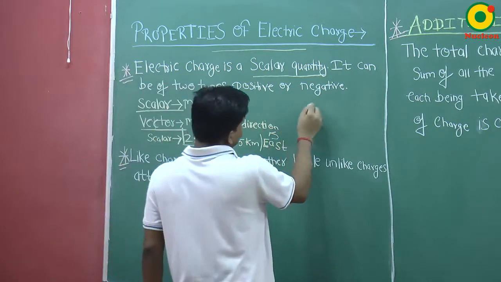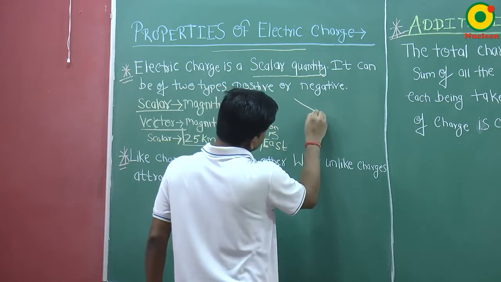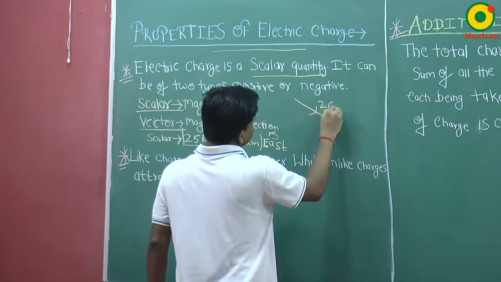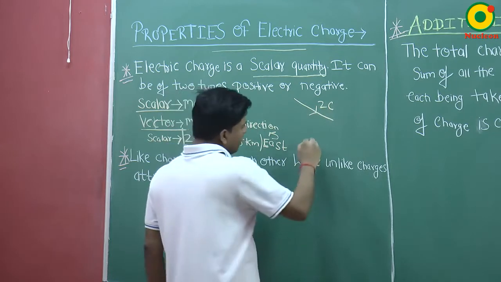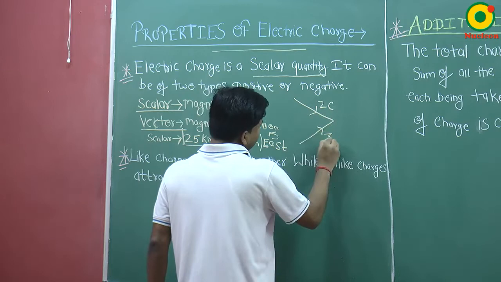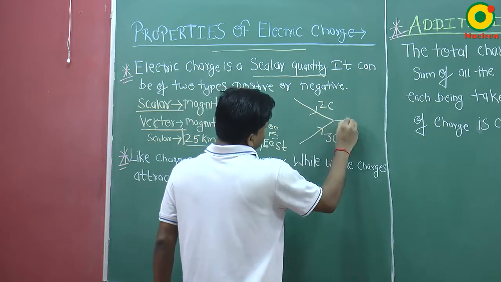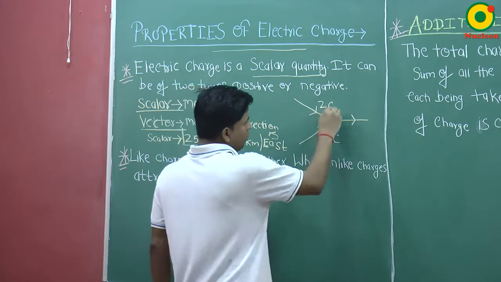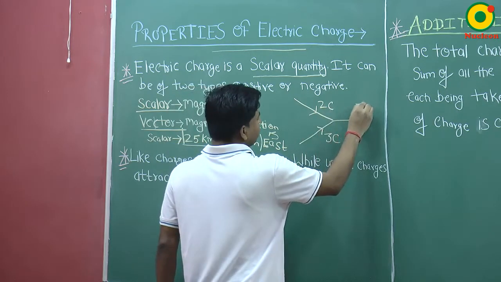Let's see over here. Let's suppose 2 coulombs of charge is coming from here, and 3 coulombs of charge is coming from here. So how much will we get over here? 2 plus 3, 5 coulombs.